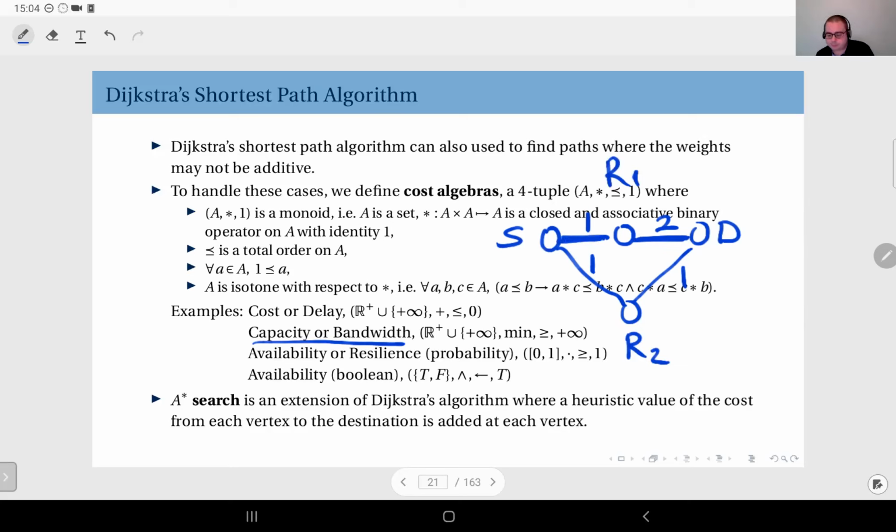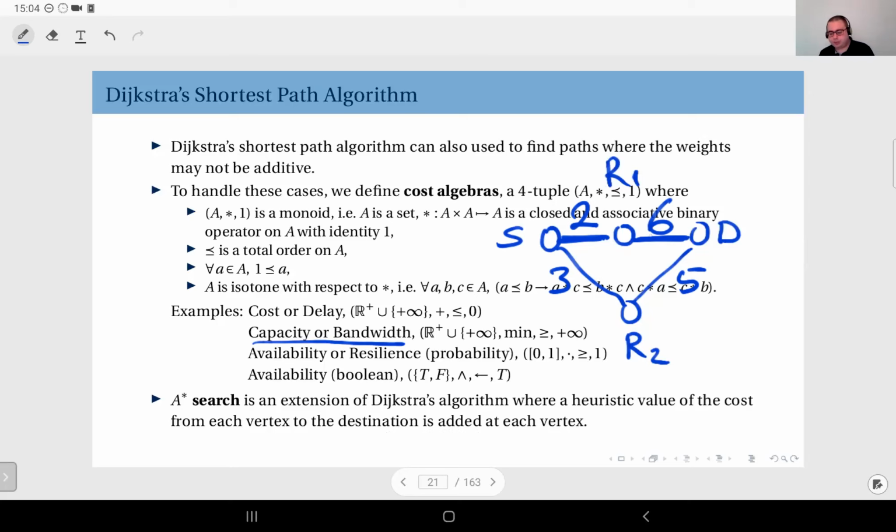But let's change the numbers and make this a non-trivial example. Let's say the capacity here is 3, the capacity here is 5, and the capacity here is 2, the capacity here is 6. Now, in this case, the capacity of the entire path from S to D through R1 is 2.